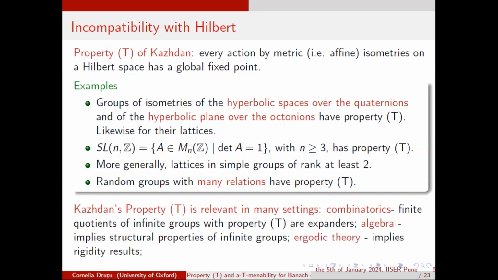In ergodic theory, it implies rigidity results. And in fact, in many ways, you can see the property T as a rigidity result. And in fact, this way of defining it is not the initial one. The initial one was to say that the trivial representation is isolated in the Fell topology. So in many settings, and in many ways, you can look at this property as a rigidity result.